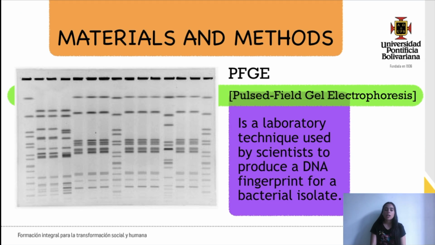The second method used in this investigation is pulsed field gel electrophoresis. That is a method that allows scientists to make a fingerprint of the DNA of a bacteria to compare if it is present in other samples.